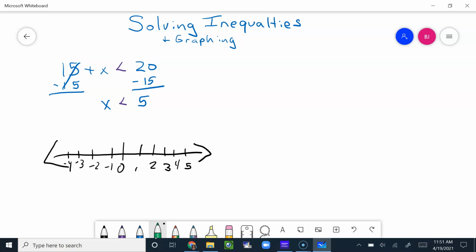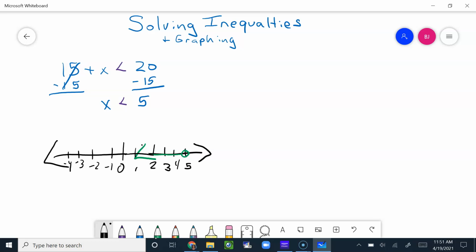Remember, less than is an open circle, so it'd be an open circle on 5. That means it includes every number up to 5, not including 5. It could be 4.999, but it's not going to include 5. And because it's less than, it will go to the left.